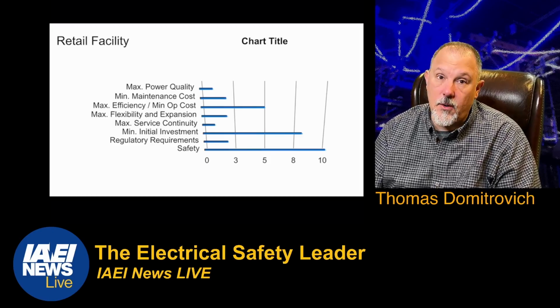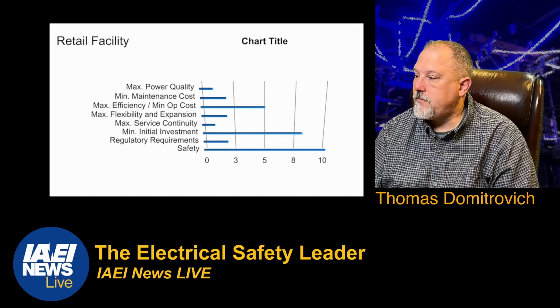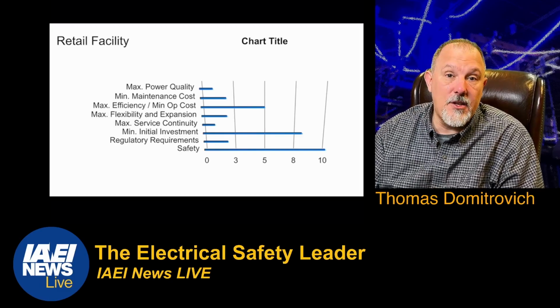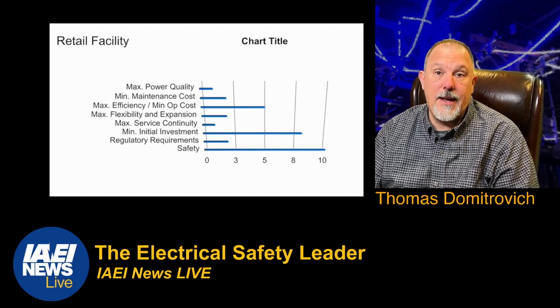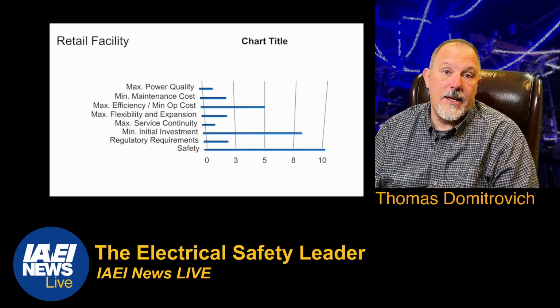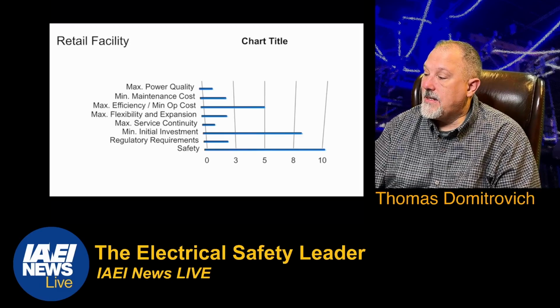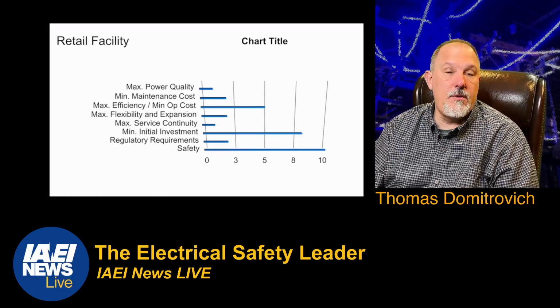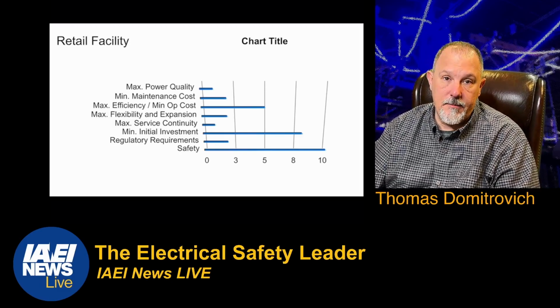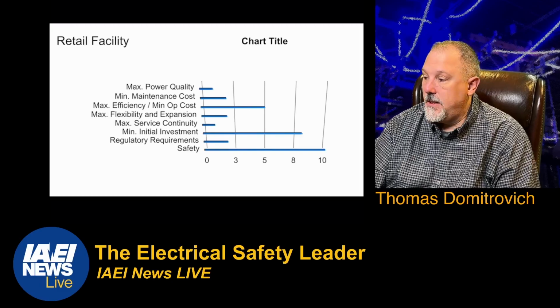Maybe it's a grocery store. I don't know. Can't let the eggs go bad. Can't let the cheese go bad. Can't let certain products get defrosted and then frozen again. So safety is very important. They do care a lot about minimizing the initial investment.